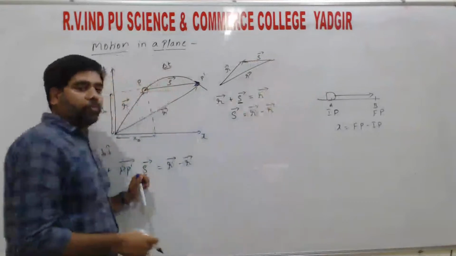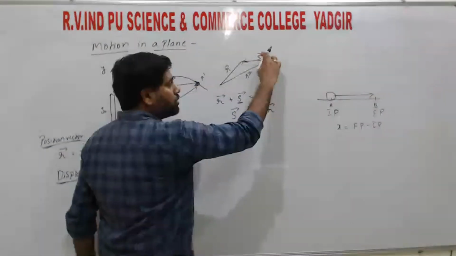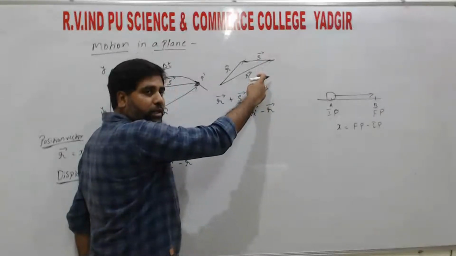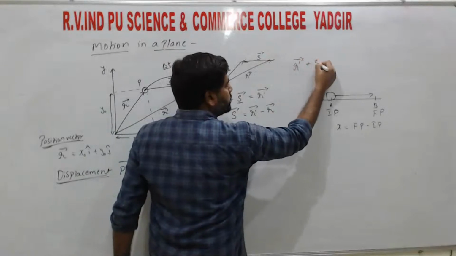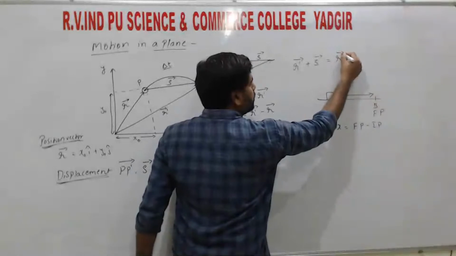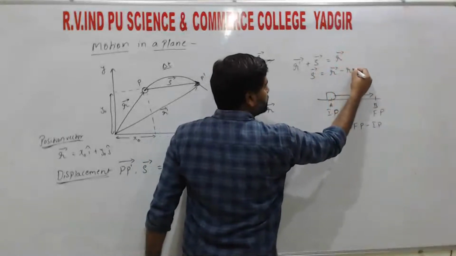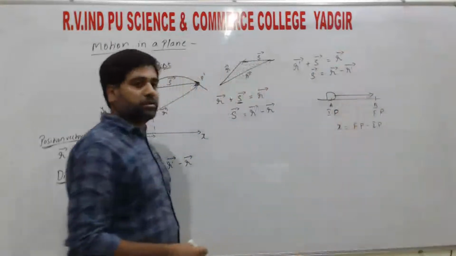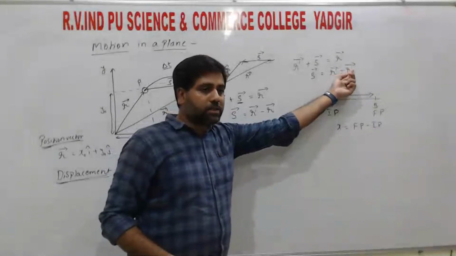So if we take s dash, apart from this example, in this direction, right? Then from the triangle of addition, these two represent the two sides of the triangle, that means r dash vector plus s vector equals the third side r, right? So displacement s equals vector r minus vector r dash. So there is a difference between r dash minus r and r minus r dash.